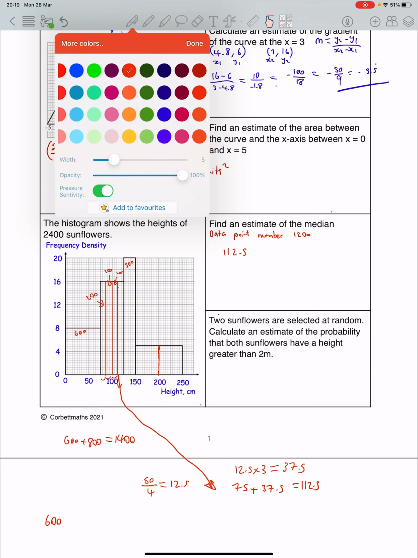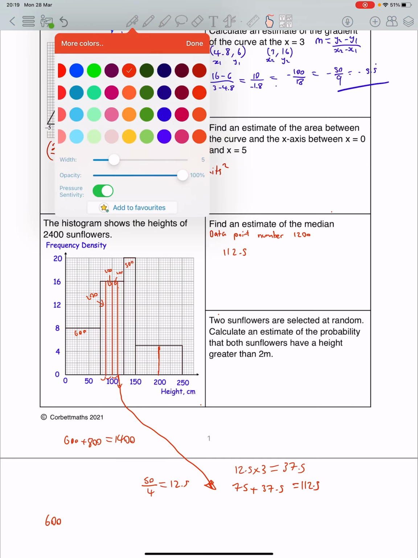So we have 600 plus 800 for the second bar plus 500. And we know the last one was also 500, but we split that in half, so plus 250. So basically, the number of sunflowers greater than 200 is going to have to be 250, right?